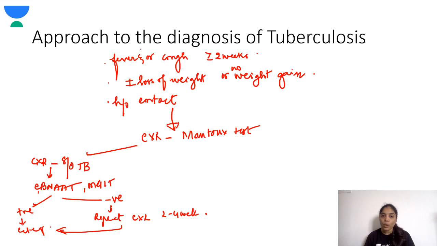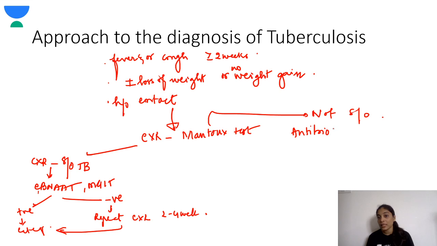Now here you have done the chest X-ray and Mantoux test, but it is not suggestive. You give antibiotics, but the symptoms do not resolve. At that time, you again send the gastric aspirate and all that for the smear.